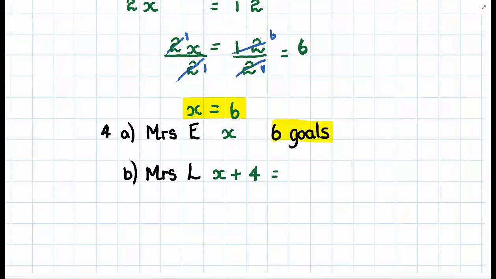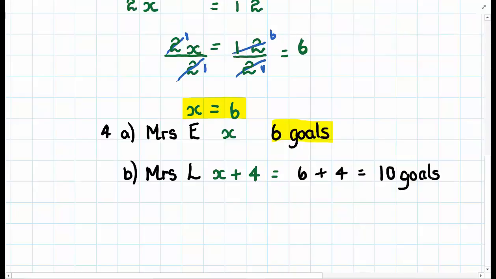So x is 6. Add 4 equals 10. So Mrs. Luxton scored 10 goals. We have now solved a word problem using the algebraic method.